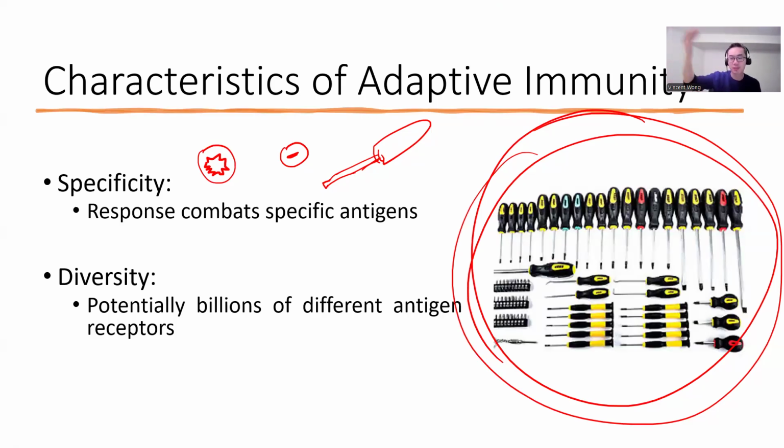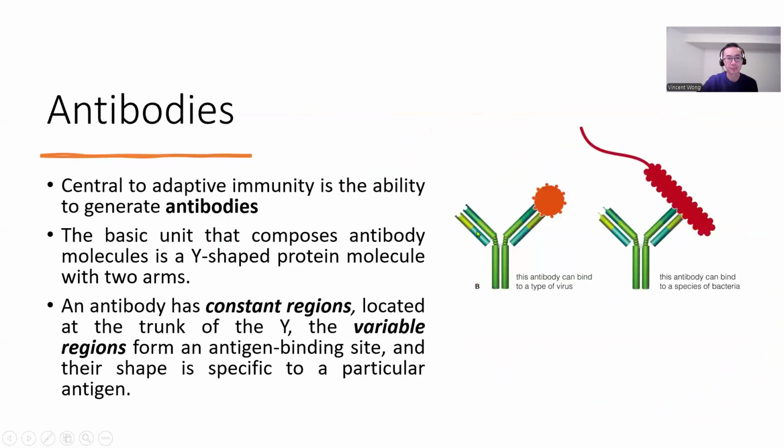Let's say you get infected with chickenpox, then you would use a specific type of screwdriver specifically for the chickenpox screw, so to speak. And then you would destroy the chickenpox virus. But that response is tailored for chickenpox. If you get infected with hepatitis virus, the chickenpox immunity is no good for hepatitis. You will have to create a different response for it. So that's specificity versus diversity.